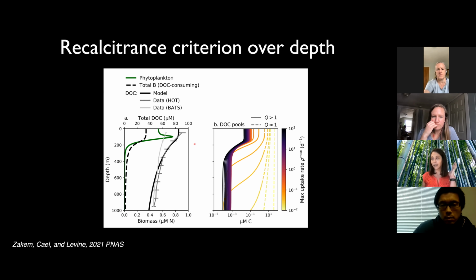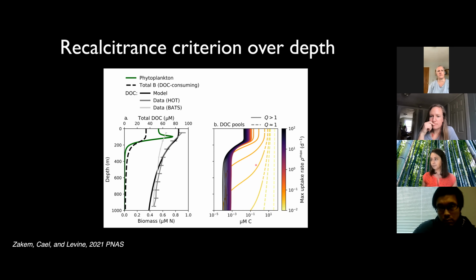So this is DOC, so this is not sinking. The largest production of DOC in the model is happening at the surface, because that's where you've got all the phytoplankton activity. And what is being produced at depth is some mortality from bacteria in the model, and then sinking particles are also producing some, but at a much lower rate.